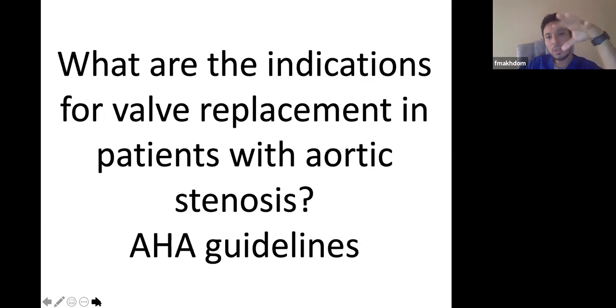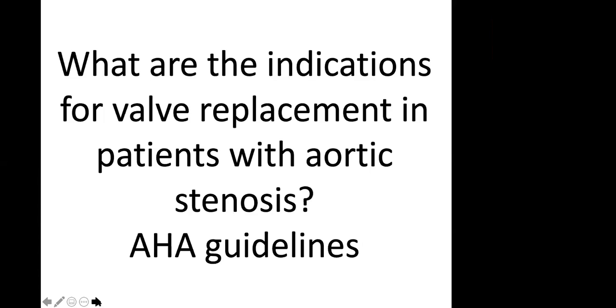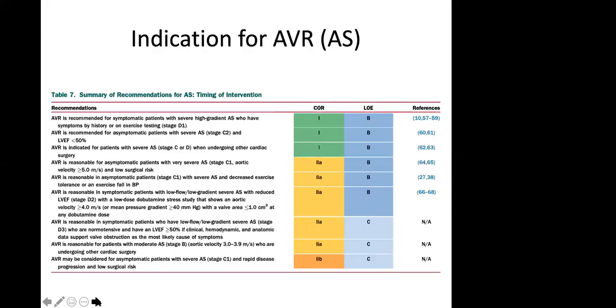What about severe? Class 2A for severe aortic stenosis if the patient is asymptomatic with normal ejection fraction but with a high risk, and also severe critical stenosis with area more than 0.6, and if the progression of disease is fast, more than 0.5 increase per year.